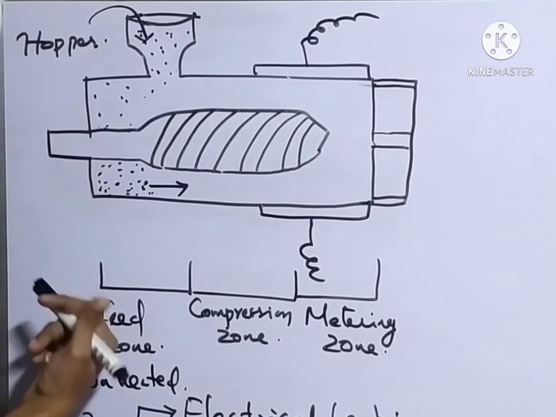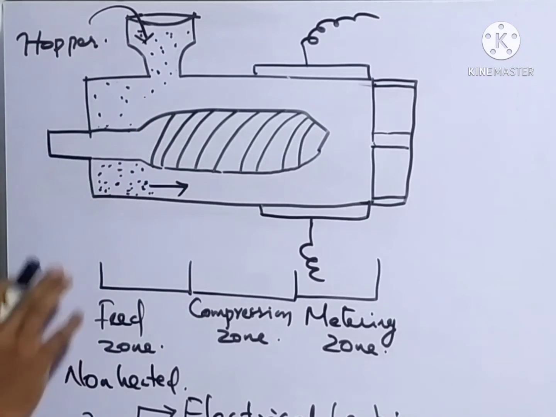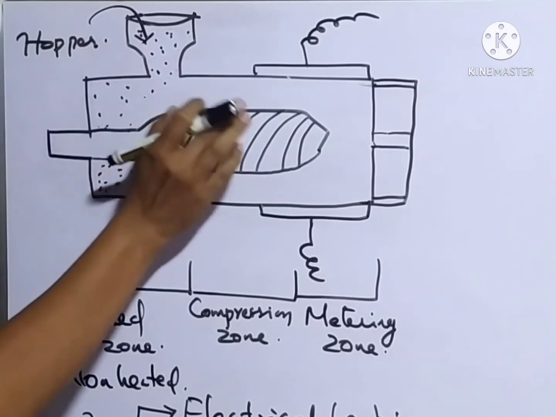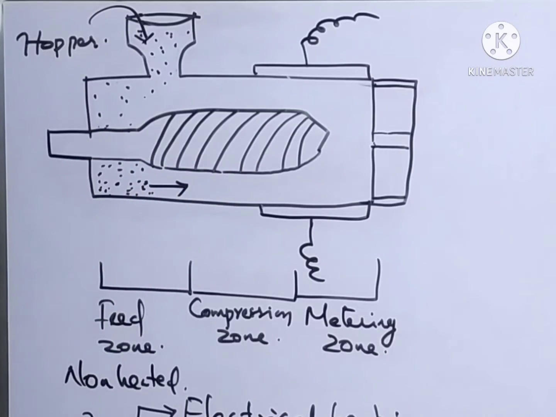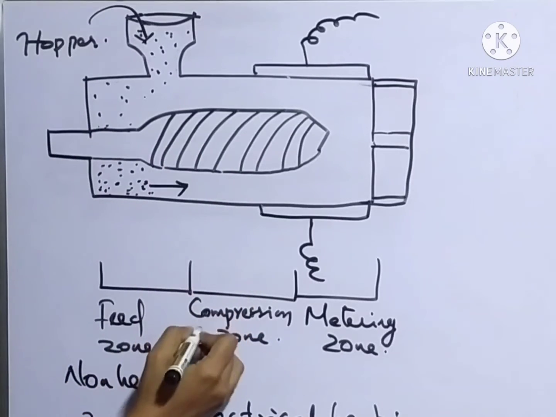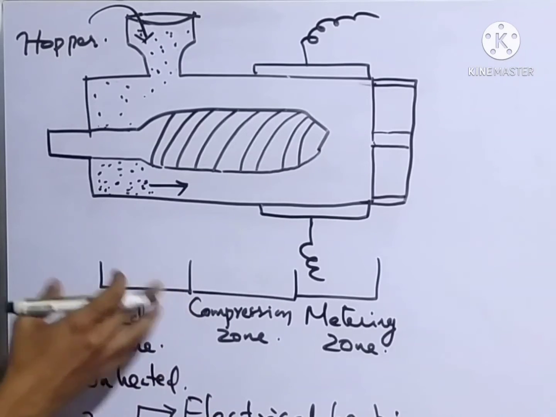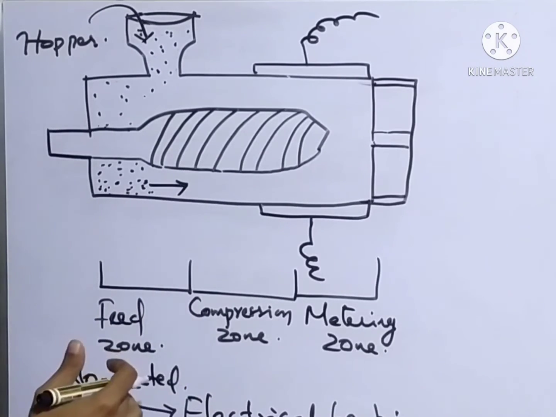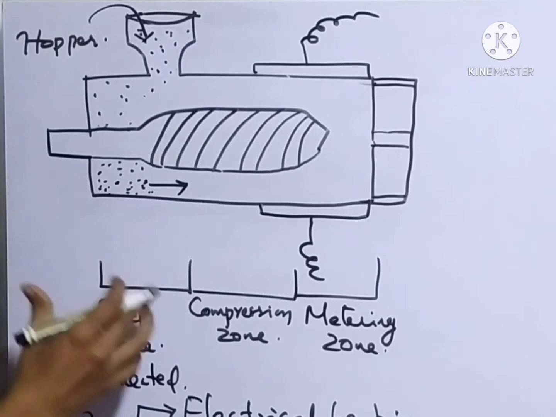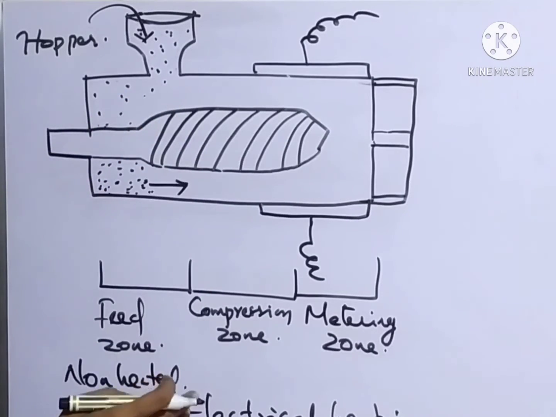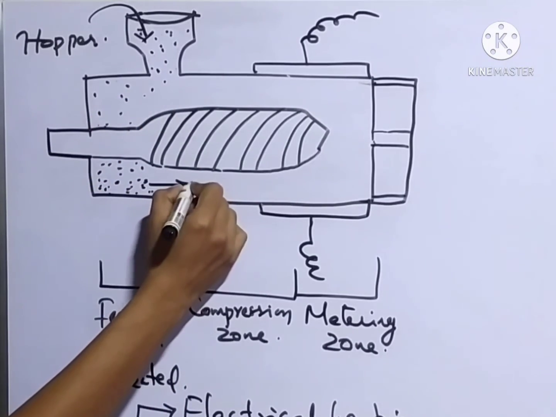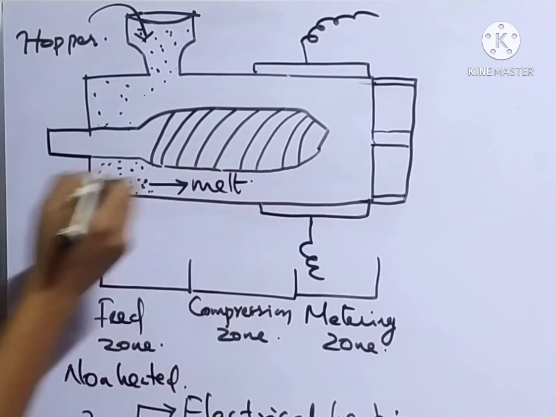The feed zone receives the charge and sends it to the next zone, that is the compression zone. The compression zone is a zone where the heating process occurs. And due to the high temperature in the compression zone, the polymer material starts to melt.